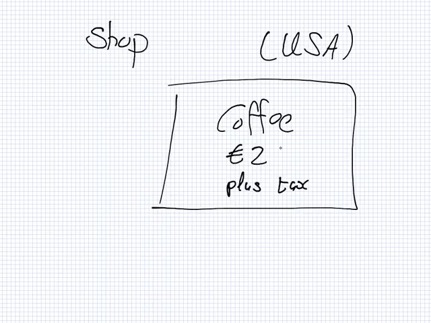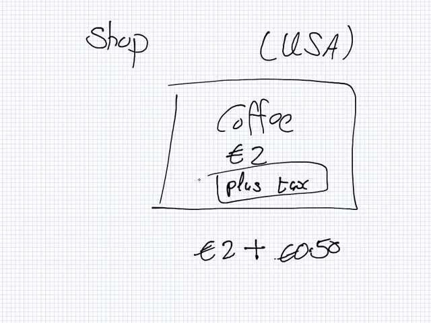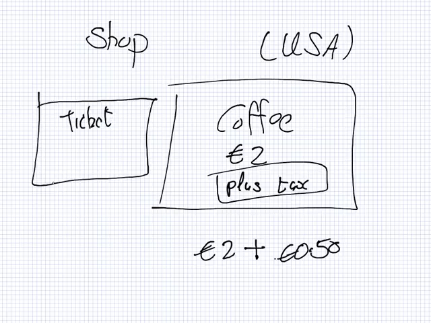So what they mean is the coffee is €2 and then has extra on it, like maybe 50 cents or something like that. Or another example, when you fly, when you buy your ticket, it might say at the bottom plus charges. You pay for your bag. So this is an example of how to use plus.